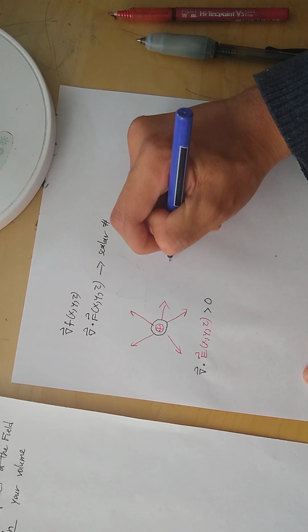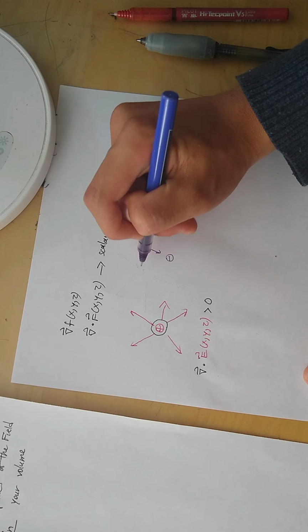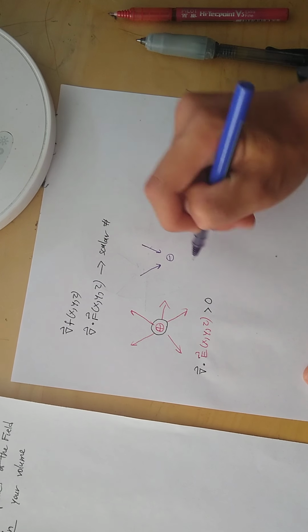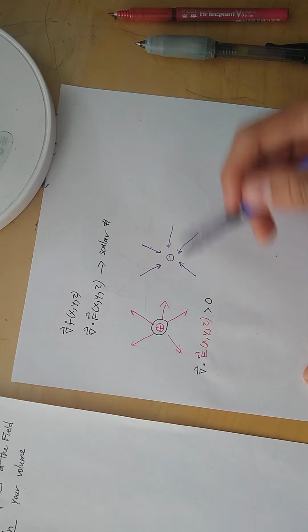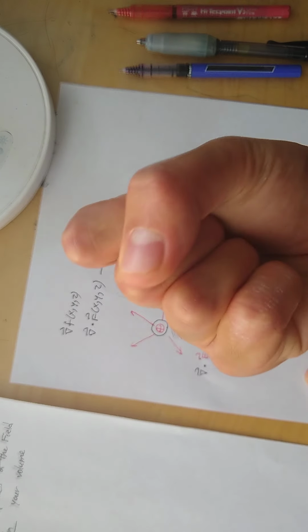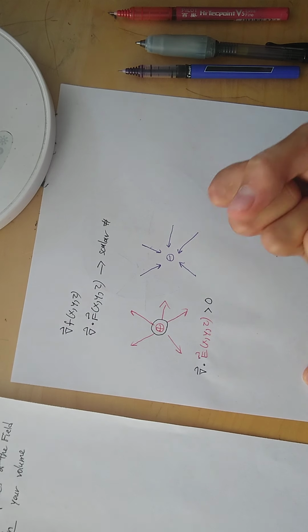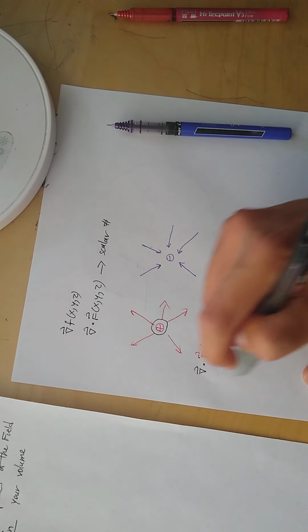Now, if you had a negative charge instead, you have the field lines flowing in. Quick note, in the case of the positive charge, notice how the field is flowing out of a region of space. The net flow outward is positive.